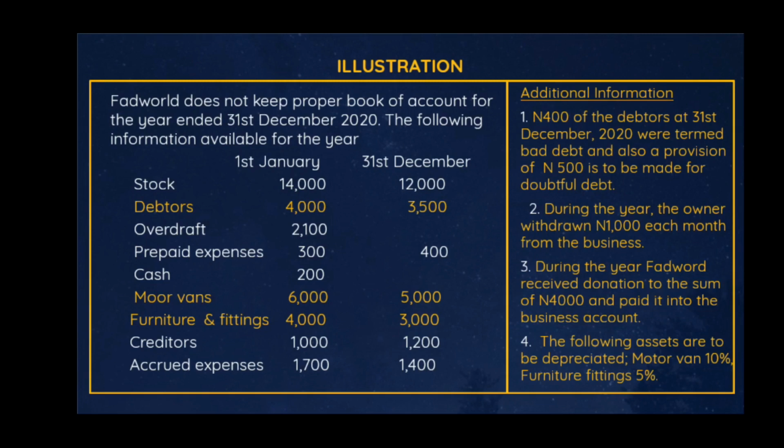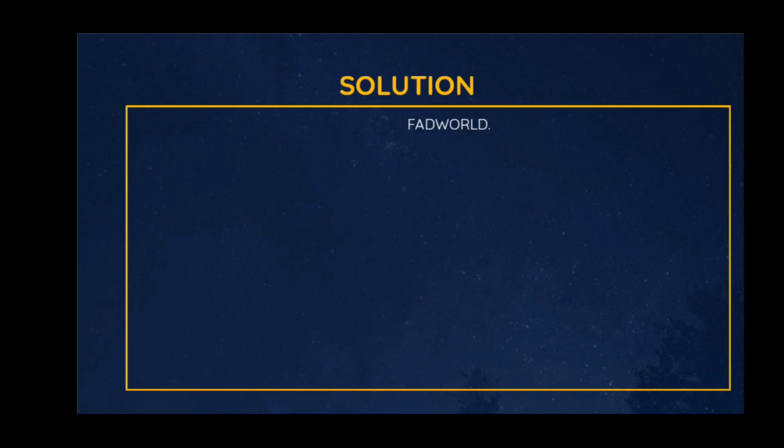We are going to use the entries as at 31st of December to prepare the statement of affairs at the end of the year. If the closing capital is bigger than the opening capital, that means the business made profit. But if the closing capital is less than the opening capital, that means the business ran into loss. Now let's start the solution.